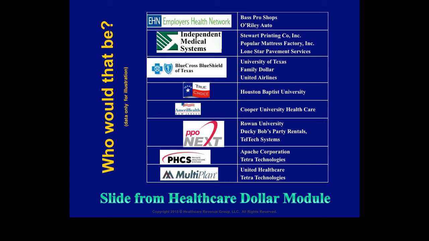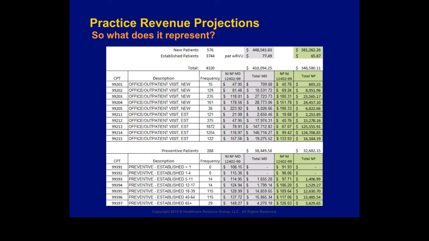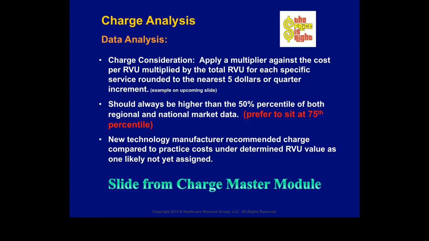So that when you see Stewart Printing and Rowan University and Tetra Technologies, you're going to get the same rate as the physician, but you're not doing anything bigger and better except a better allowable rate. So those are two of the things that really can impact your revenues. Okay.